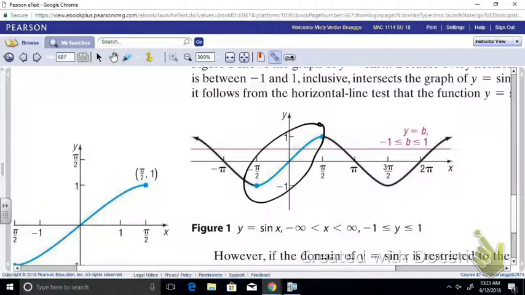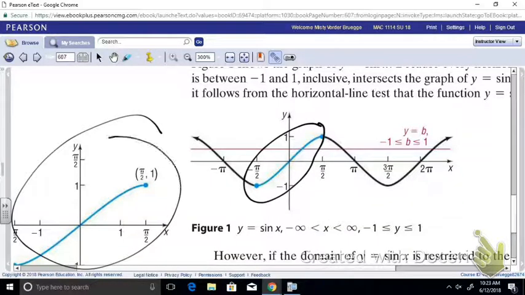Do you guys see it? Just the blue part right there, which is actually this graph right here. Are you guys okay with that? And so by restricting sine, now you can find inverse sine. Now inverse sine will visually look different, but I just want you to see that the restriction had to happen first to make it 1-to-1. And then we can get access to the inverse. Are you guys good with that?